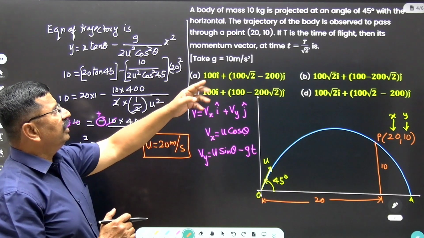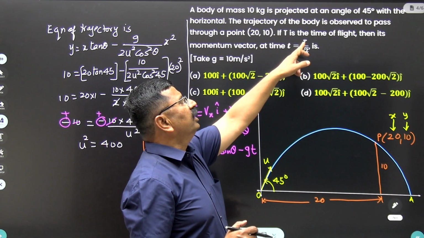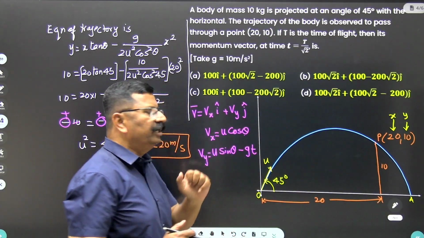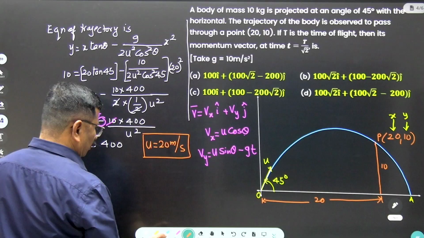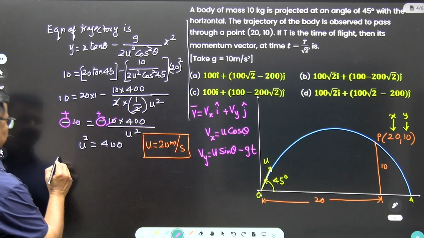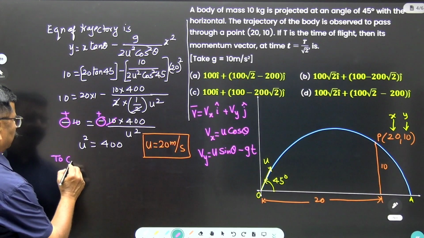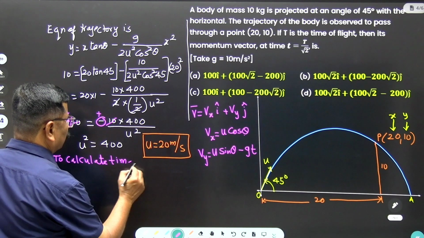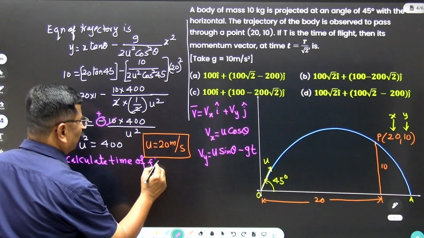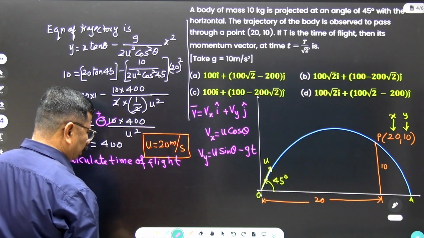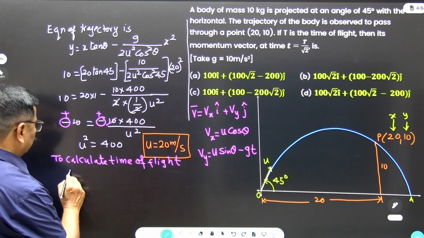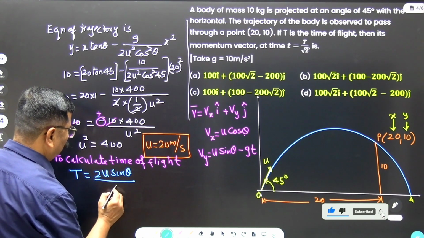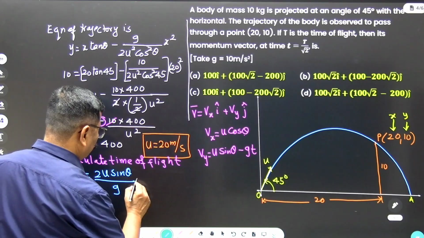Now we will have to calculate the time of flight, because unless we calculate the time of flight, we will never get the value of small t. And in the final equation, we need the value of small t. So to calculate the time of flight, what is the formula? T is equal to 2u sine theta upon g. Now what is the value of u?